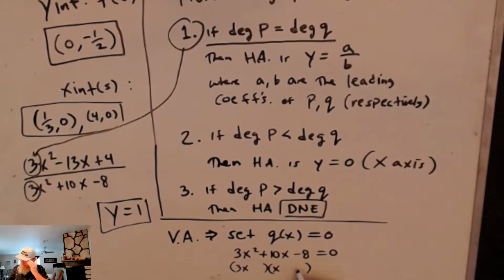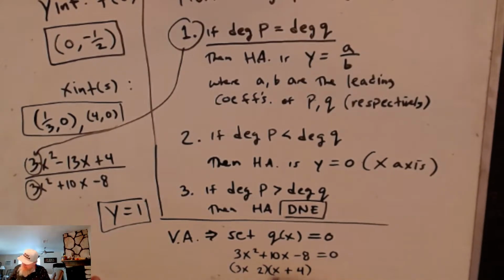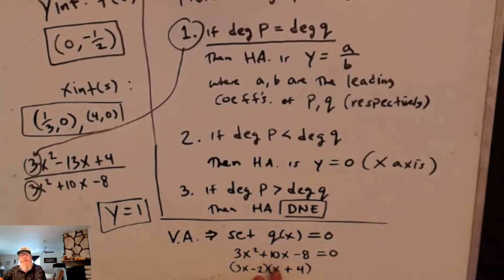How about 4 and 2? 4 times 2 make 8. If I do a positive 4 and a negative 2, double check the middle term will come out to be 10. So 3x and 4 is 12x, and then minus 2x. So that gives you 10x again. A quick check of the outer and the inner terms can verify that this middle term checks out.